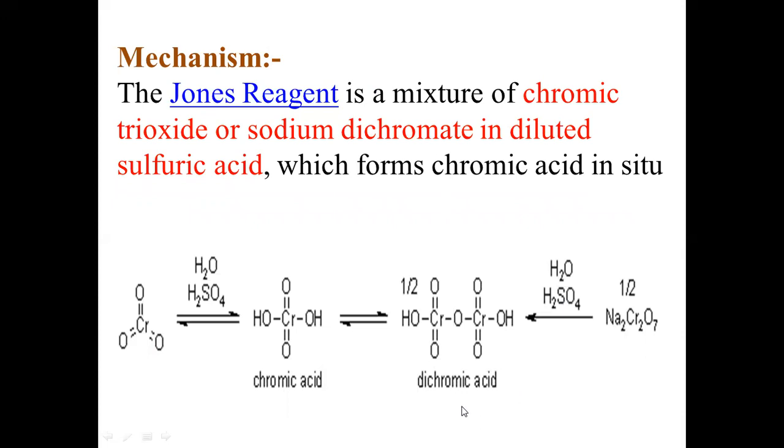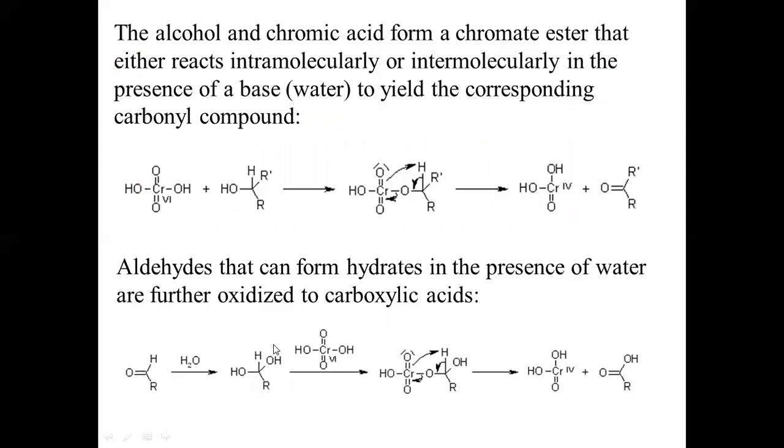That first results in the formation of dichromic acid, Cr2O7H2. This dichromic acid will decompose to give chromic acid. Actually this chromic acid is the reagent which is helpful for the oxidation. Now let us see.